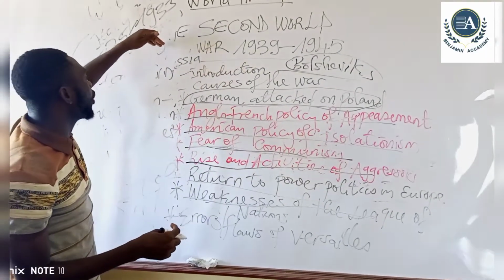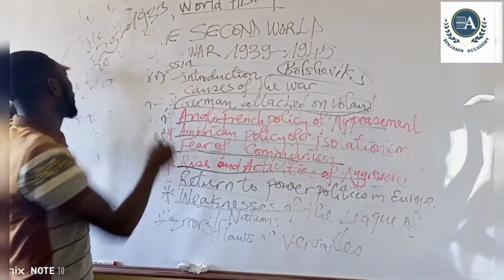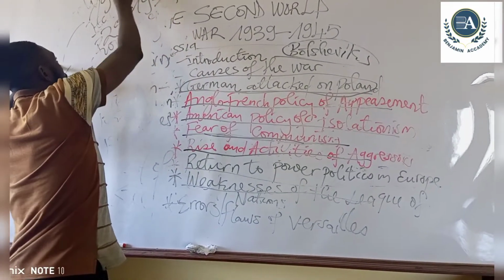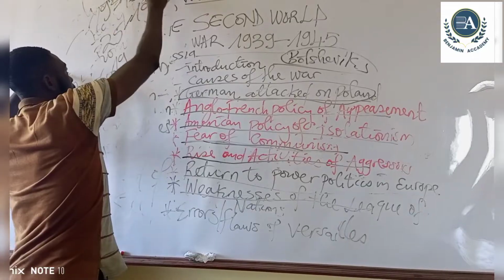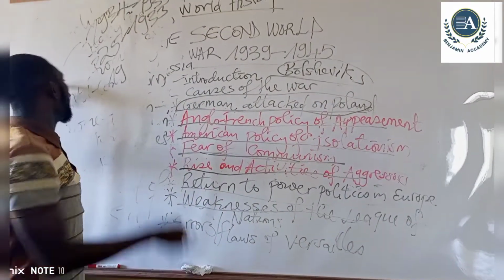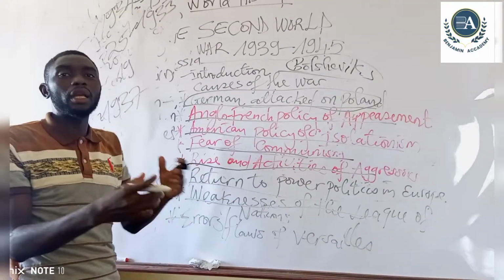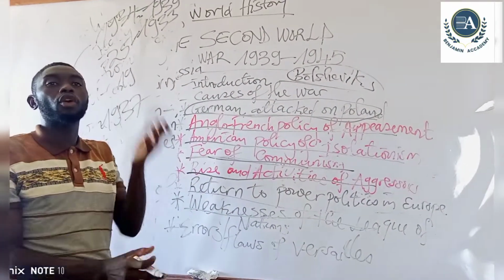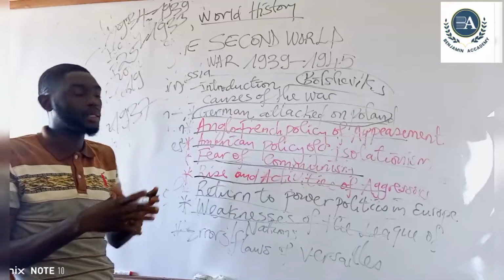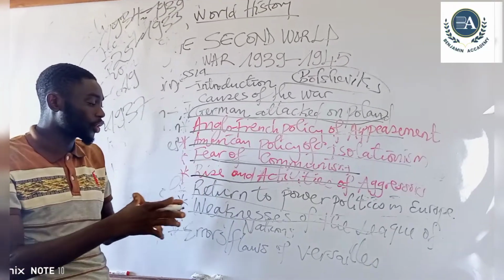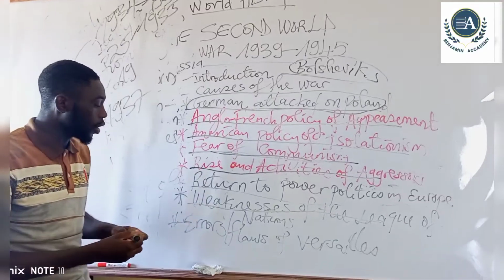But in 1939, Russia joined the League in 1984 and withdrew in 1989. Italy joined the League when it was formed and withdrew in 1987. So we discovered that the League was not stable because there was in and out movement of member states. It made the League very weak to be able to stop aggressors from causing the outbreak of the Second World War.